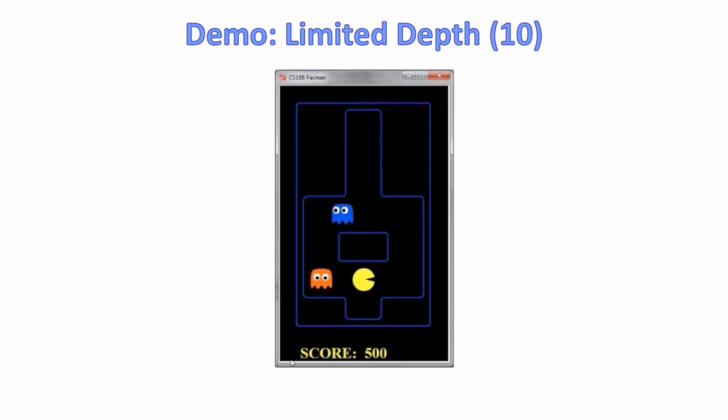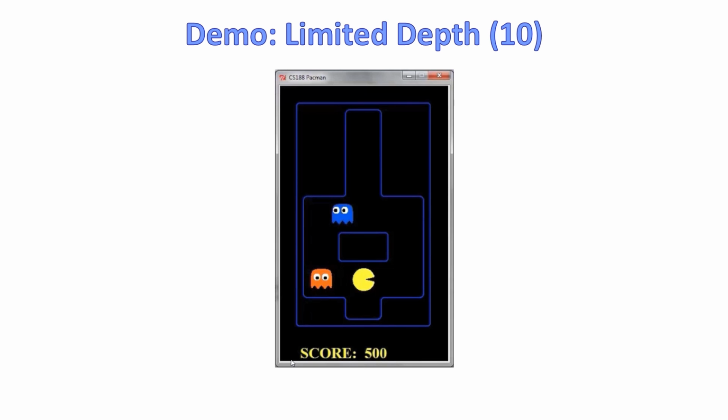He seemed to wait for a little bit until seeing where the ghosts will go, and then go to the other direction. That was only feasible because Pacman can see far enough into the future to see the end of the game. When I see the end of the game, of course, I will make better decisions.